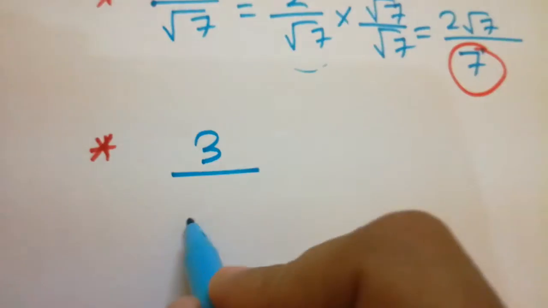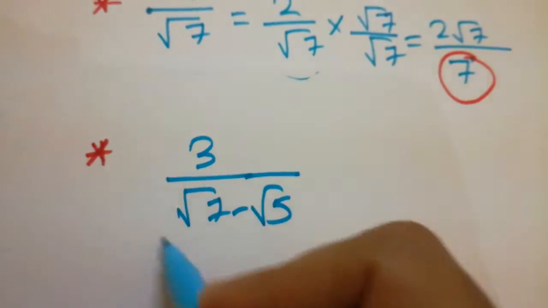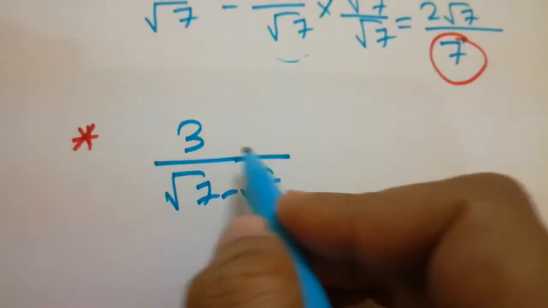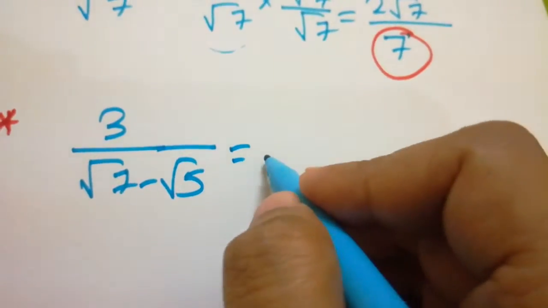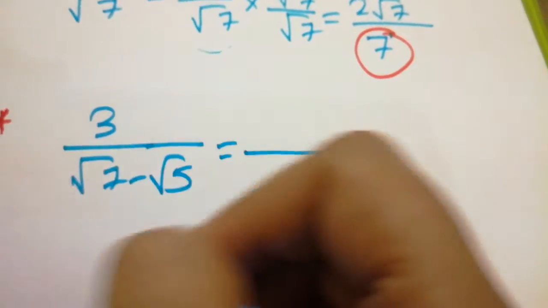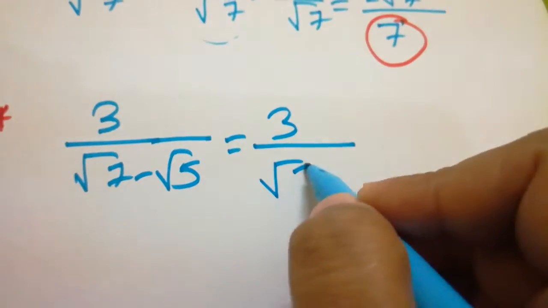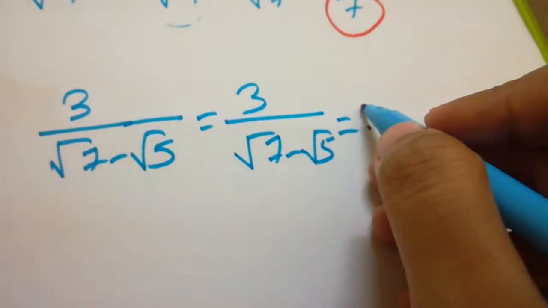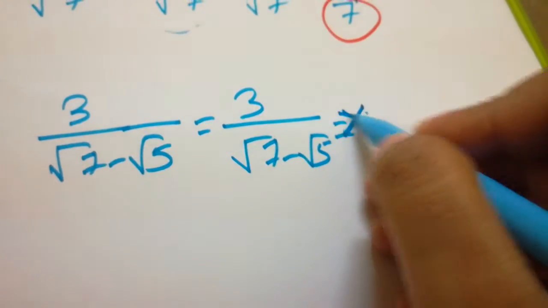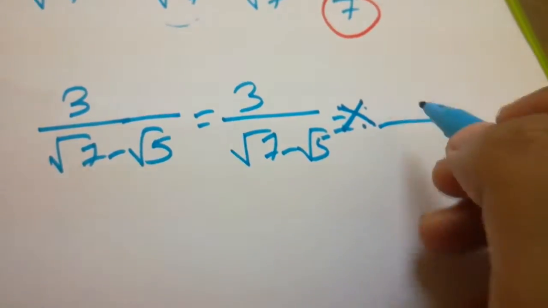3 by root 7 minus root 5. Here the denominator also contains the term involving square root, and we have to remove the square root. Hence we write the fraction, that is 3 by root 7 minus root 5, and then we multiply numerator and denominator by a term.